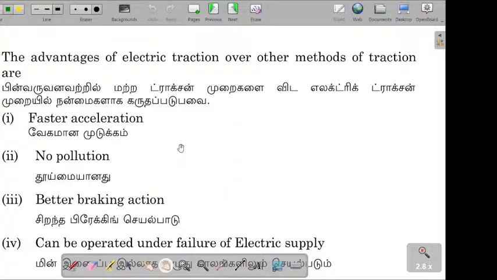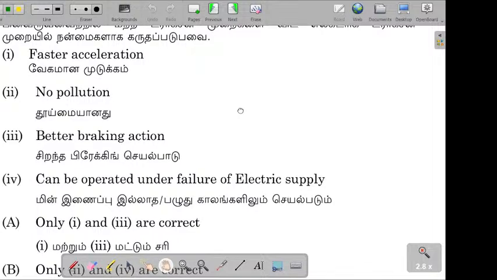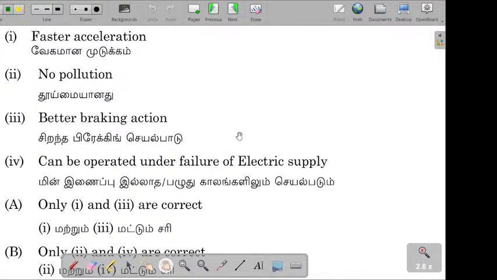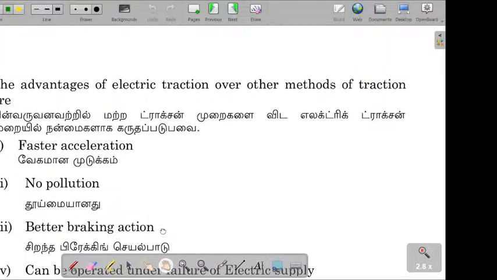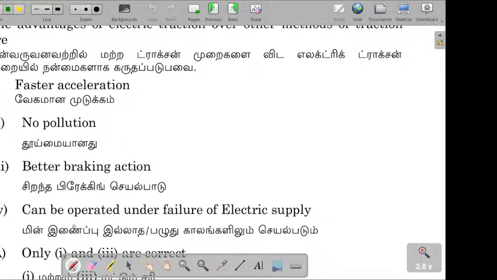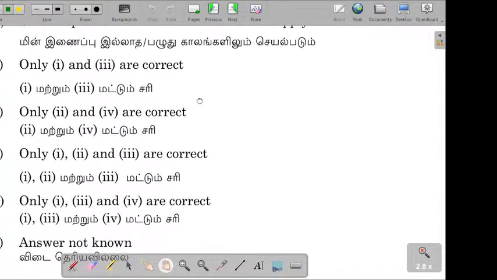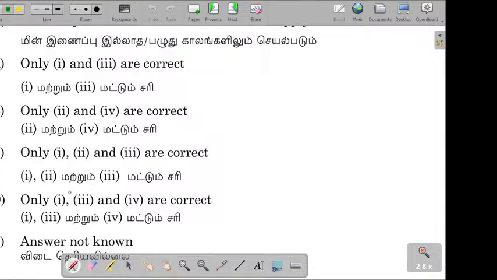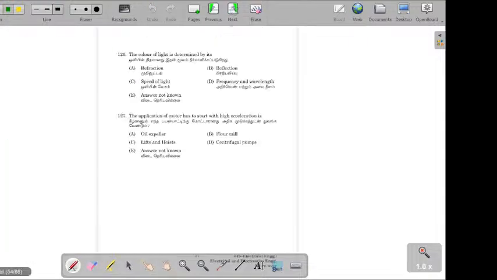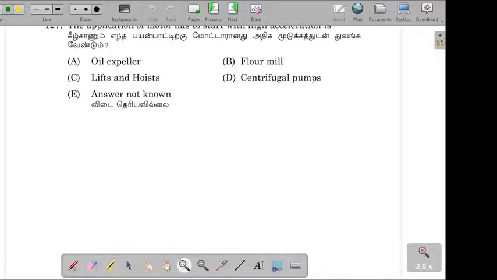The advantages of electric traction over other methods of traction are fast acceleration, no pollution, better braking action, can be operated under failure of electric supply. So electric traction has faster acceleration, it does not have pollution, better braking action. Only options 1, 2, 3 are correct. Next question.